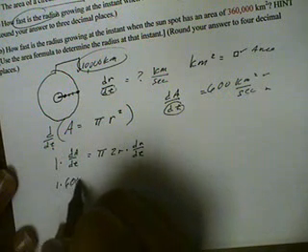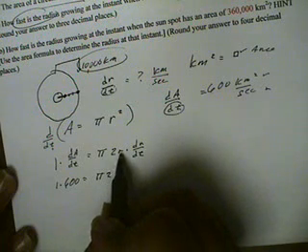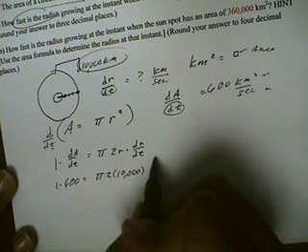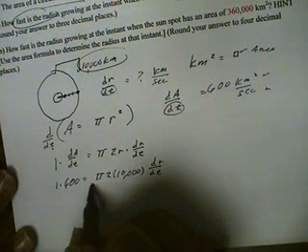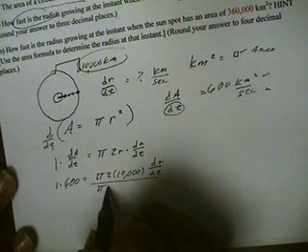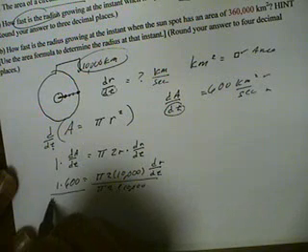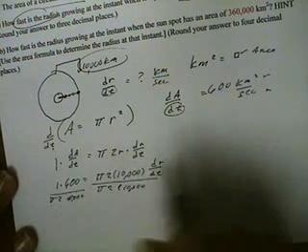So 1 times 600 equals pi, 2, and now what's the current radius? 10,000. And we're looking for dr, the change in radius per change in time. So I'm going to divide both sides by pi, 2, and that 10,000.